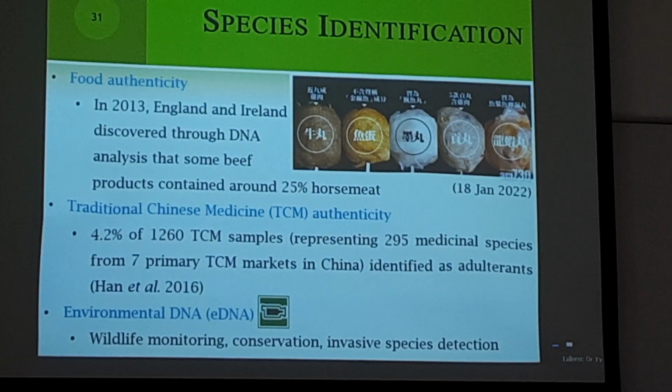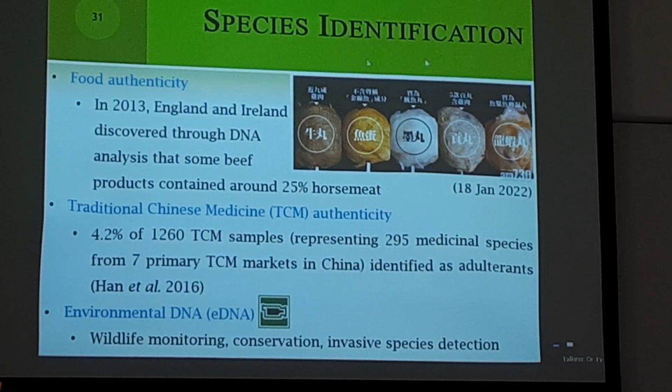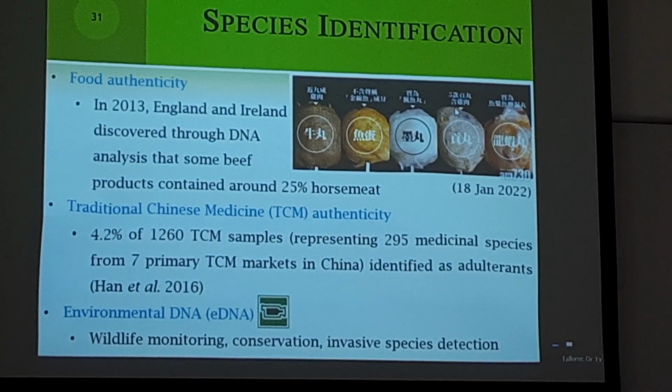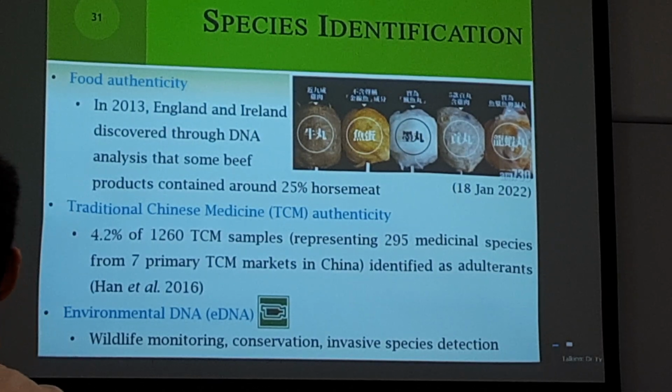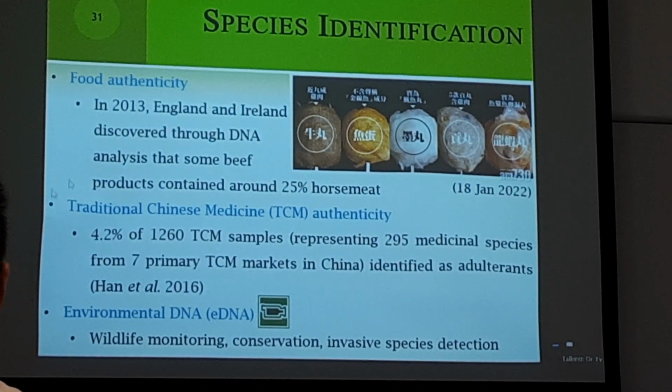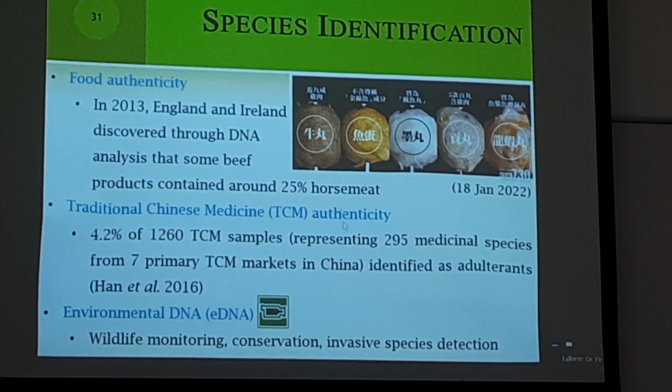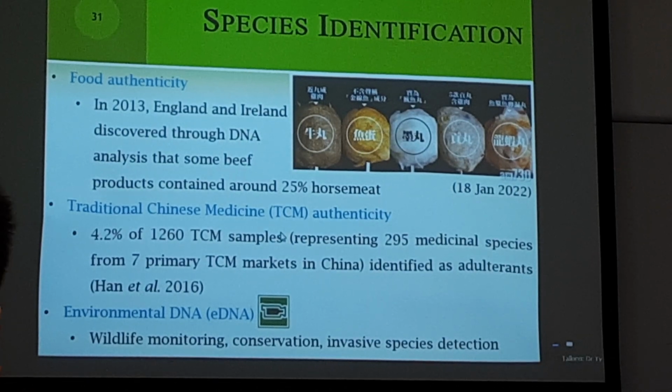And of course we can have DNA fingerprinting, maybe not these two techniques but other techniques, for other applications like species identification in non-humans, like checking food, whether the meats are what they claim to be, beef or actually chicken, which is cheaper. We tried this already. We can check the authenticity of traditional Chinese medicine, because some are really expensive, but some are much cheaper.